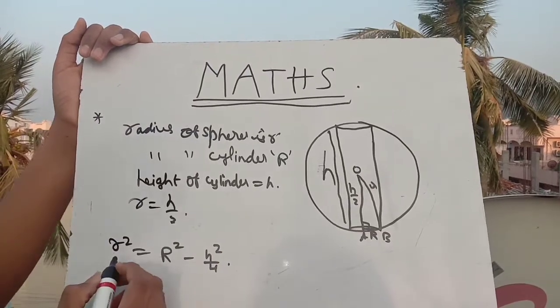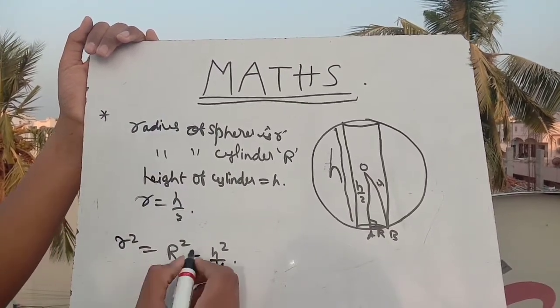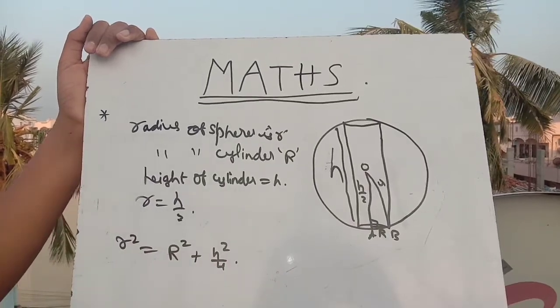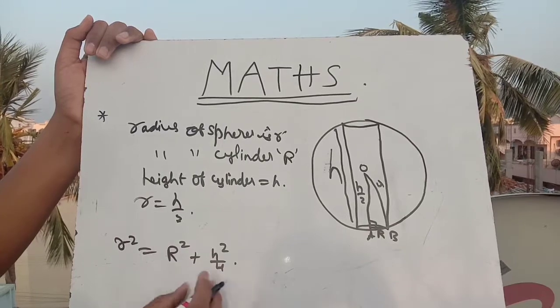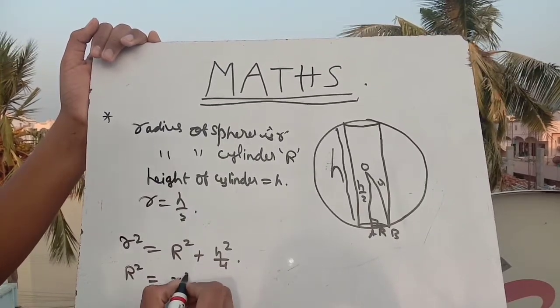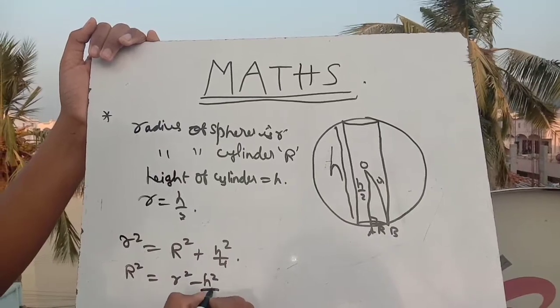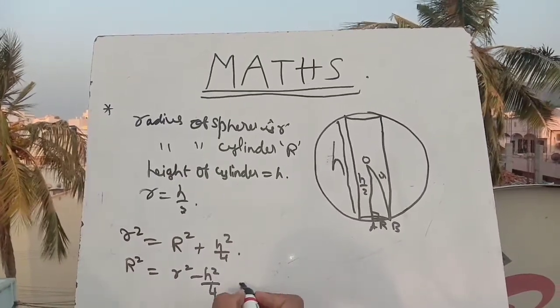Now bringing h square by 4 to this side, capital R whole square is equal to small r square minus h square by 4. Let's name this as the first equation.